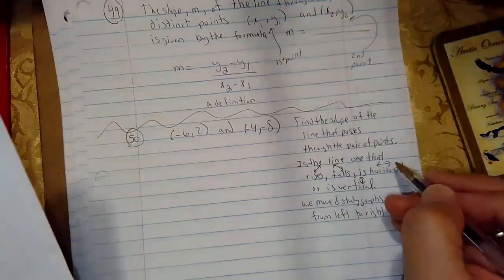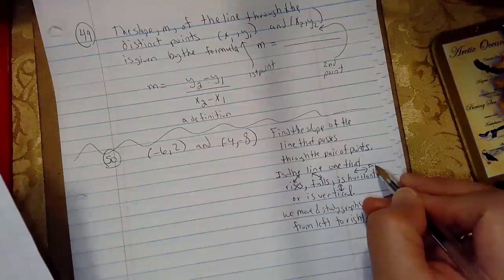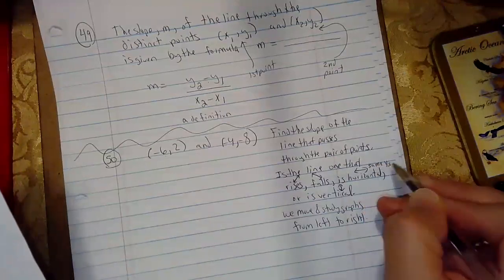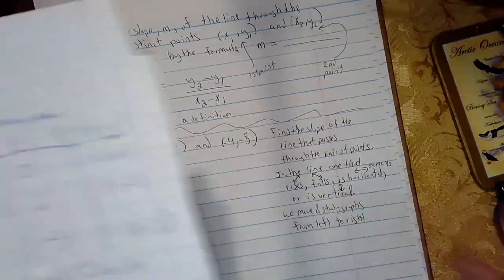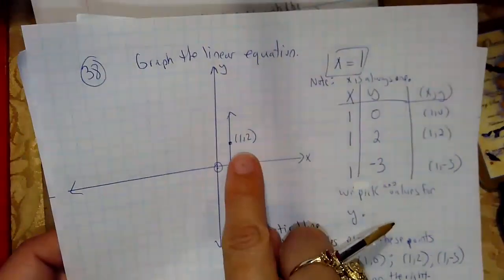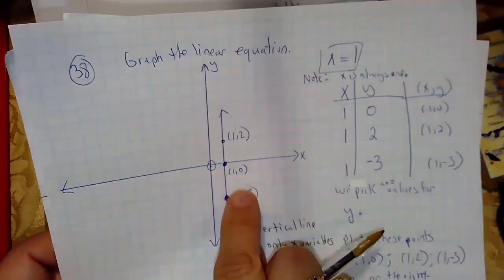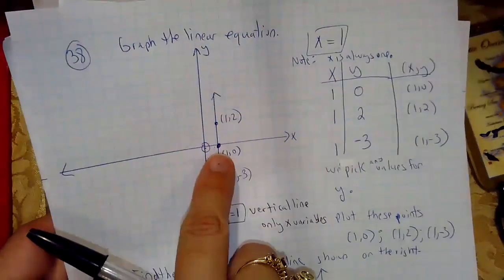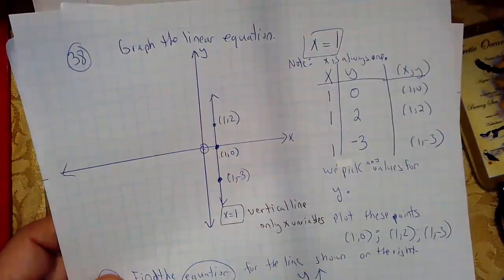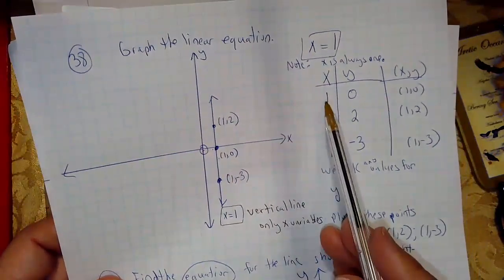So you have to have here the same y's. Whereas to have vertical, see, this is vertical. To have a vertical line, you have to have the same x's. See that? Okay.